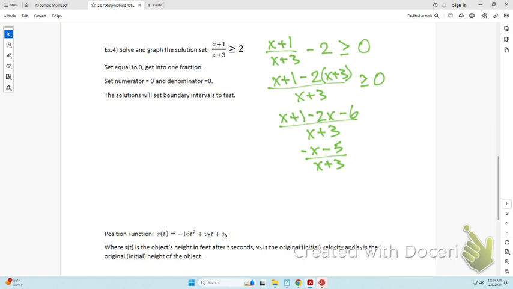All right, so I did step number 1 that I typed. I set it equal to 0, and I combined it into one fraction. Step 2 is very easy. We got through the hard part. Set numerator equal to 0. Set denominator equal to 0.